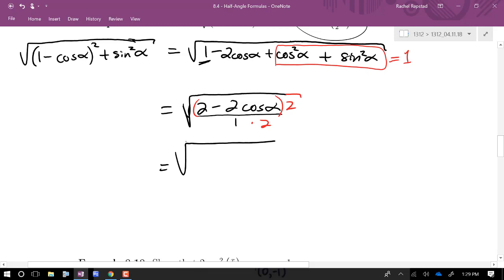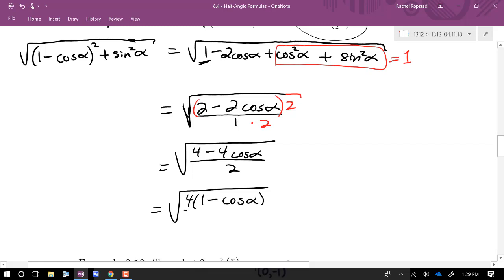So we have 4 minus 4 cosine alpha over 2. What could we do next? Now what? Take out 2's from there.